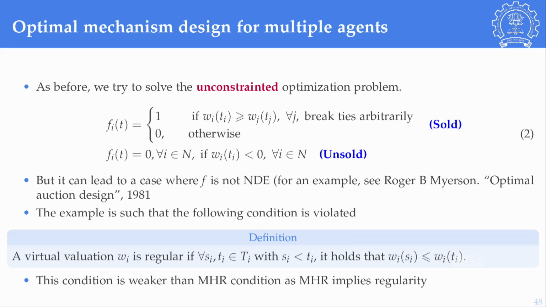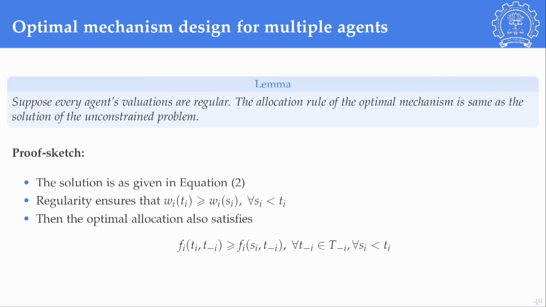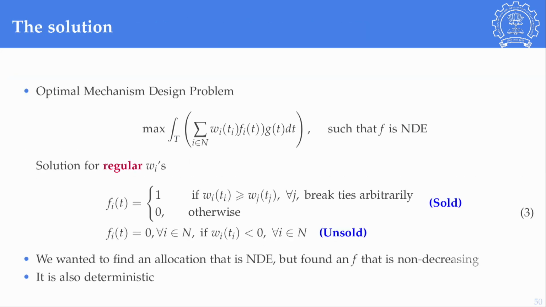That means that if I look at the allocation Fi of Ti, T minus i, that also is monotone non-decreasing with respect to Ti, not just non-decreasing in expectation. So, we wanted to have a BIC mechanism, and we got a DSIC mechanism as an optimal mechanism. Okay, so that is it.